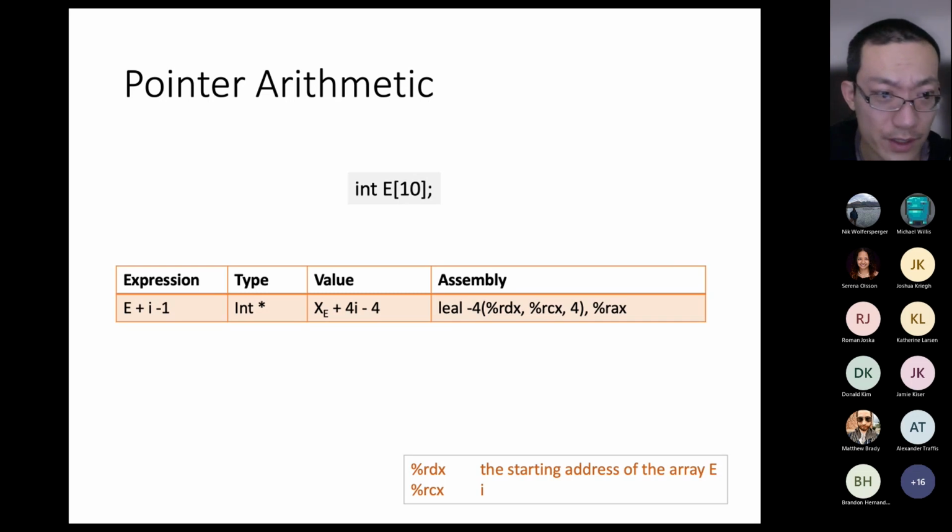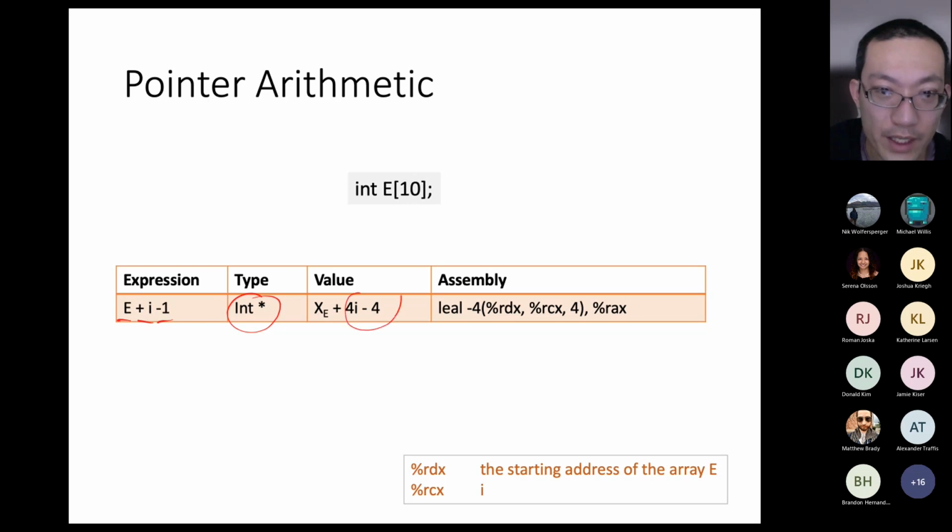Here's something interesting. How about this pointer? If we write down E directly, it is representing an integer pointer. And if we do arithmetic over the integer pointer, what would happen? First of all, it is still an integer pointer, so it does not change type.